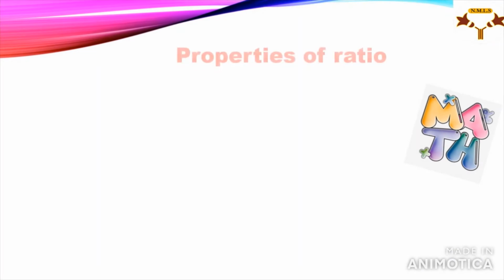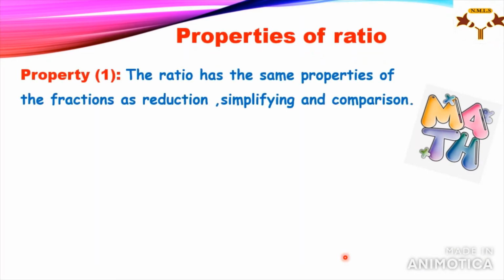So let's see the properties of the ratio. Property number 1 says that the ratio has the same properties of the fraction, such as reduction, simplifying, and comparison. We know that the fraction 15 over 25 is not in its simplest form.